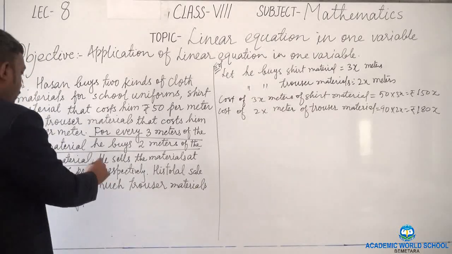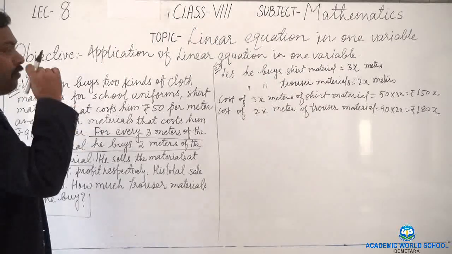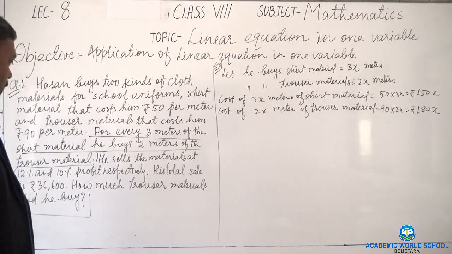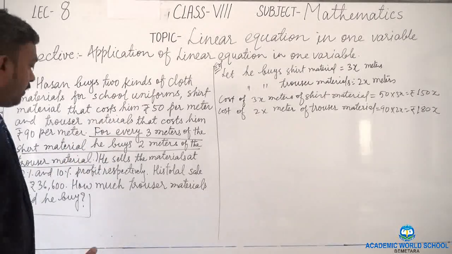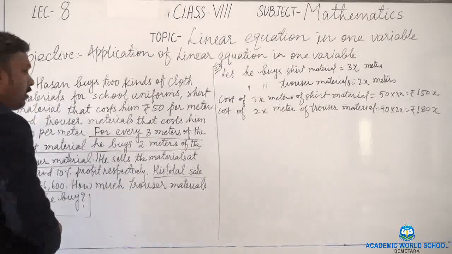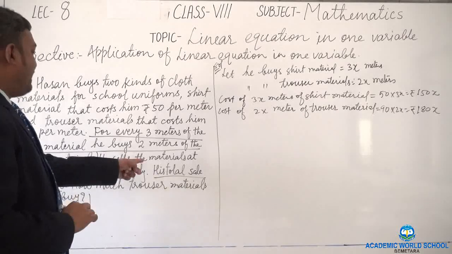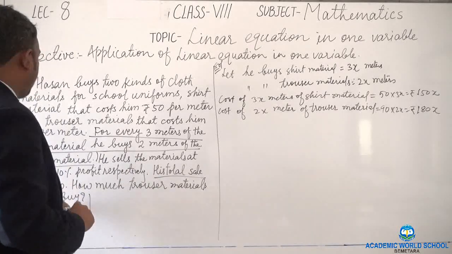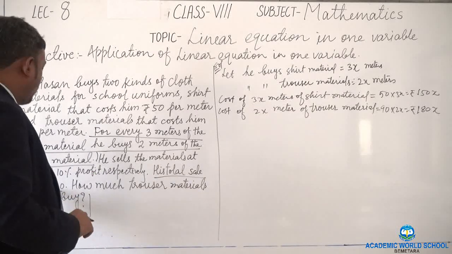Now we will use this last part to form the further mathematical statement and then form the equation. So it sells the materials at 12%. Means here this 36,600 is the total selling price.